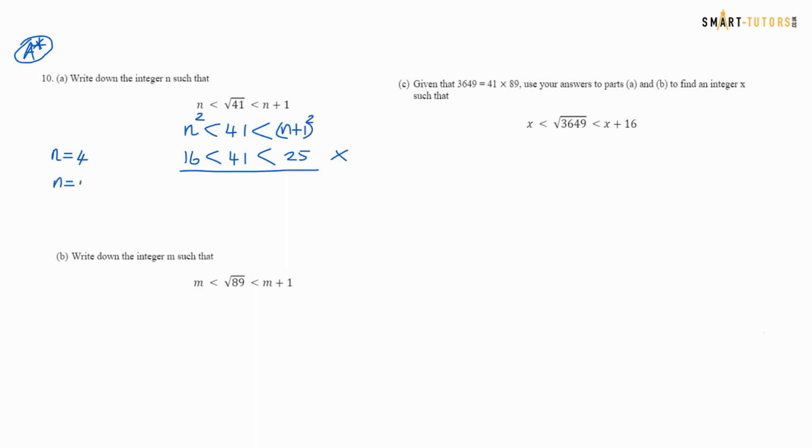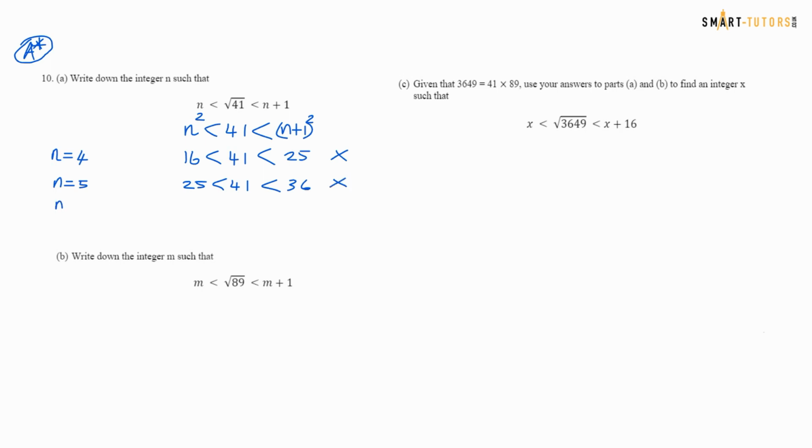When n equal 5, what will happen? 5 squared is 25, less than 41. 5 plus 1 is 6, squared is 36. Again, that is not, let me draw this line out. This 36 is not greater than 41, so I cross it out.